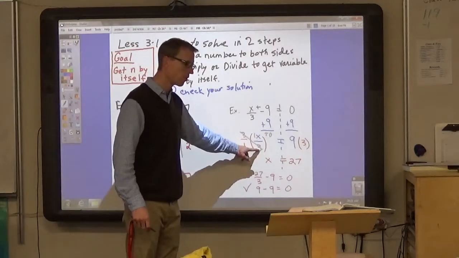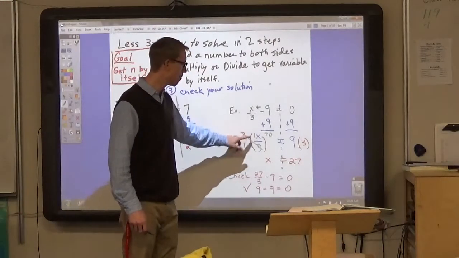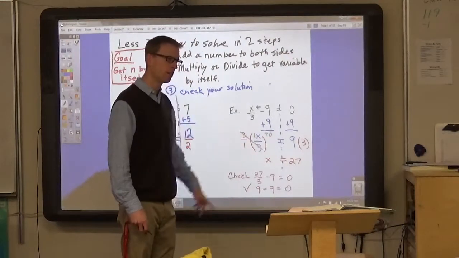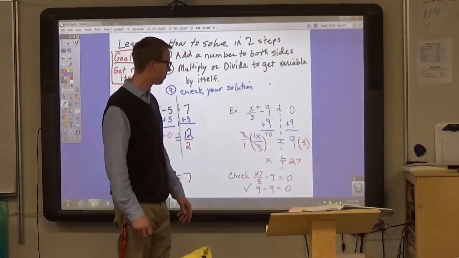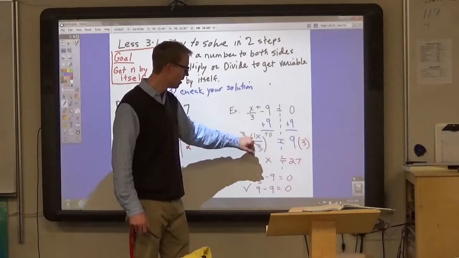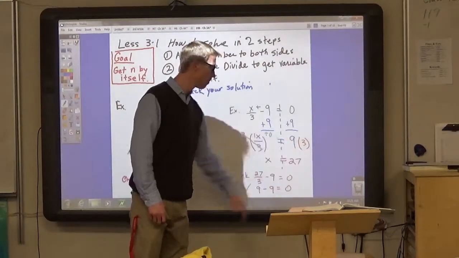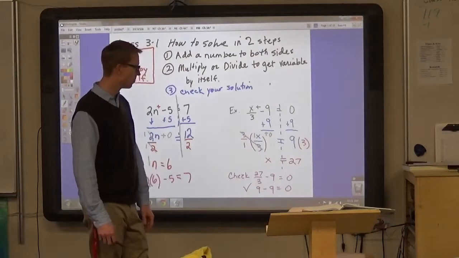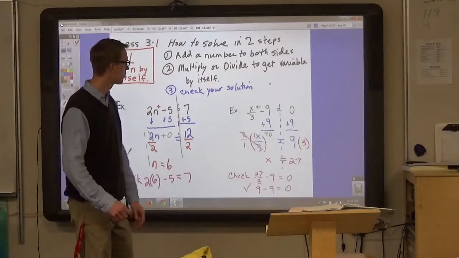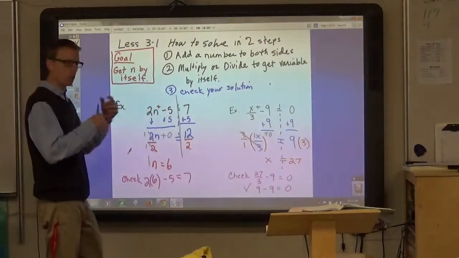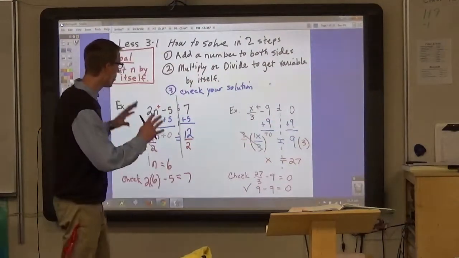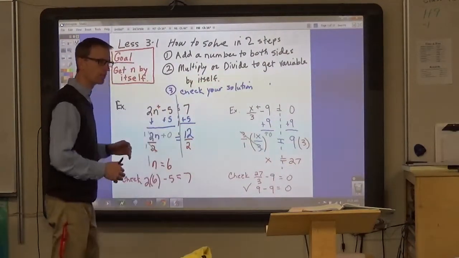This is 1/3, so we multiply both sides by 3, or 3 over 1. And that gets rid of this 3. The x is now by itself, and that proves that x is 27. So, reviewing that procedure, we know we want to get the variable by itself on one side.